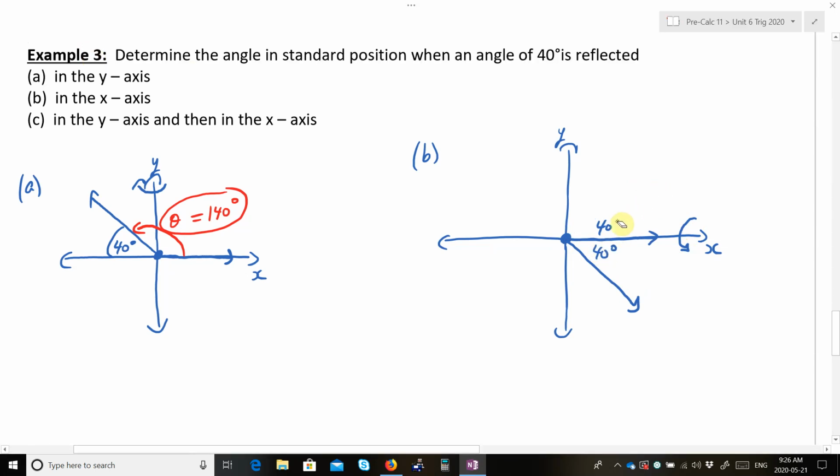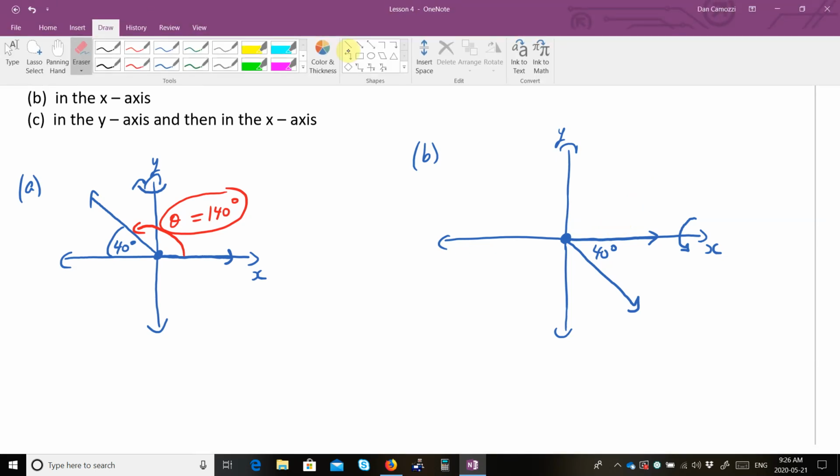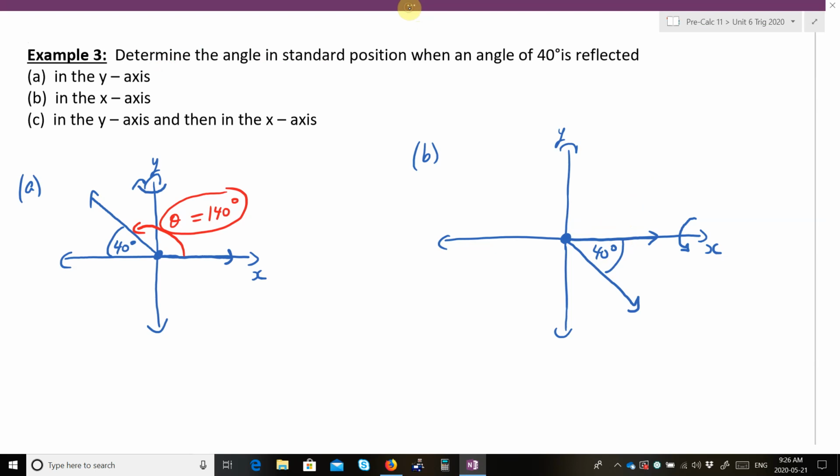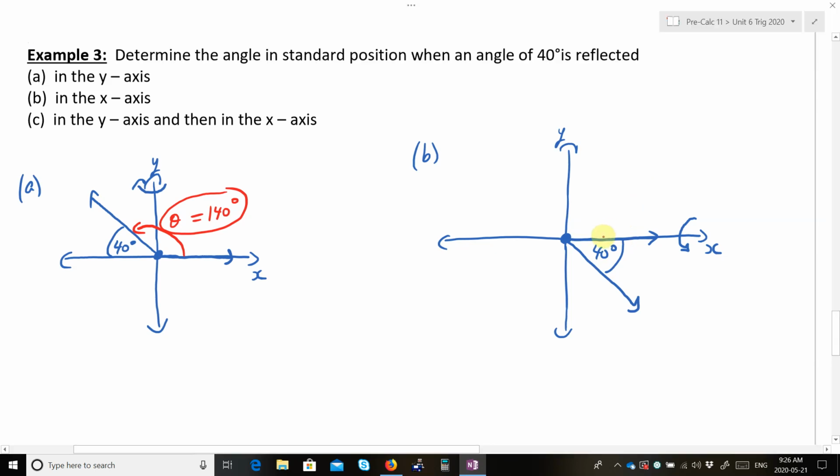And we can erase the initial one like that. We've reflected it about the x-axis. So there's the reference angle there, and it creates this angle in standard position all the way around. Okay, so completely around the circle is 360, and so this red angle is going to be 360 minus the 40, 320 degrees.